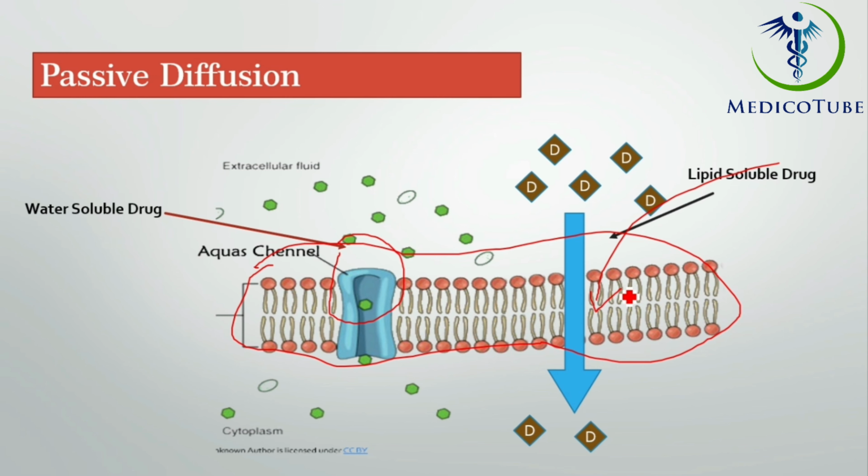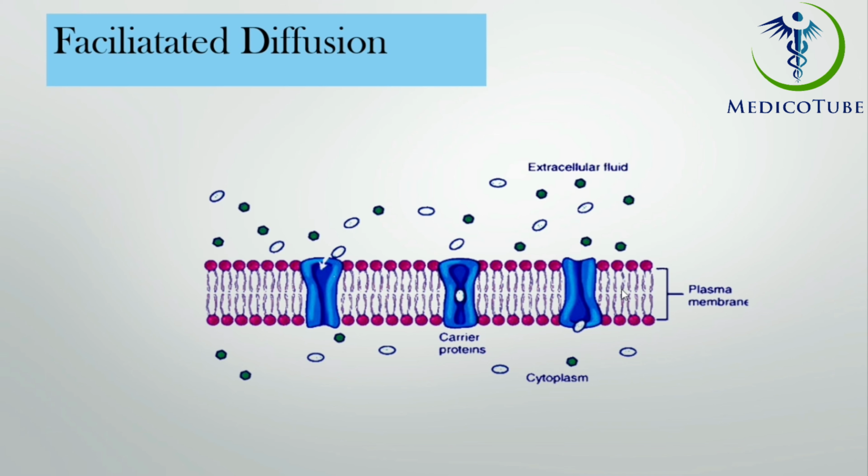Now let's go for the second one, facilitated diffusion. The mechanism of facilitated diffusion is the same as passive diffusion, but the only difference is the need of carriers. In passive diffusion, we do not need any carrier or any energy.